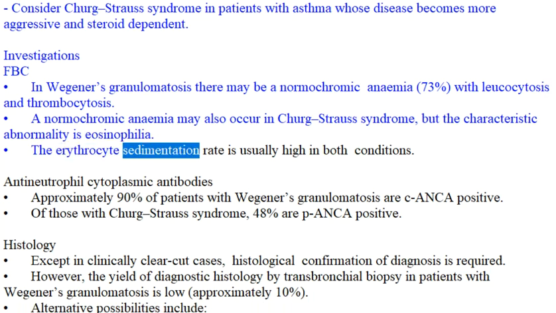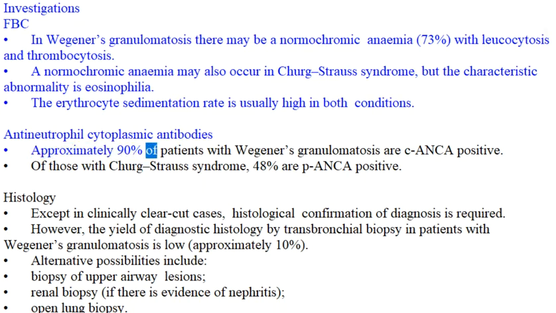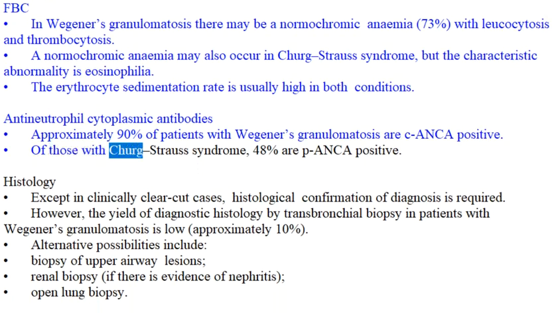The erythrocyte sedimentation rate is usually high in both conditions. Antineutrophil cytoplasmic antibodies. Approximately 90% of patients with Wegener's granulomatosis are C-ANCA positive. Of those with Churg-Strauss syndrome, 48% are P-ANCA positive.